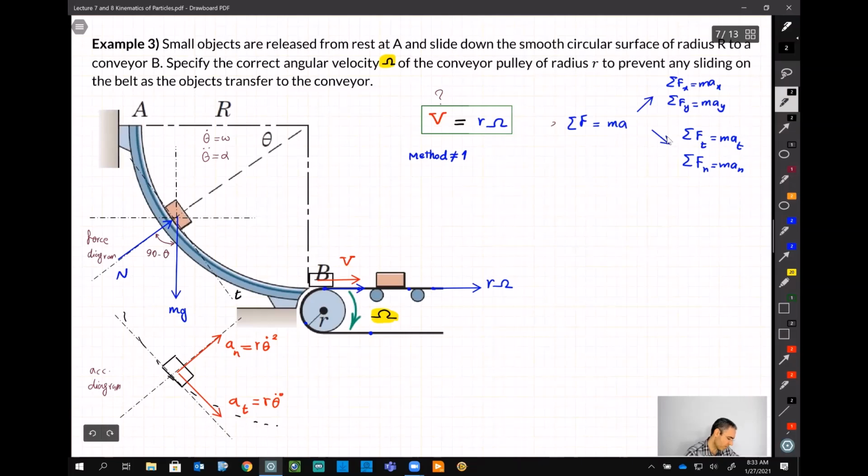So let's call this one the T direction and this one the normal direction. So this is N and this is T. Let's write them down. And of course, you know how to get the components of this mg.